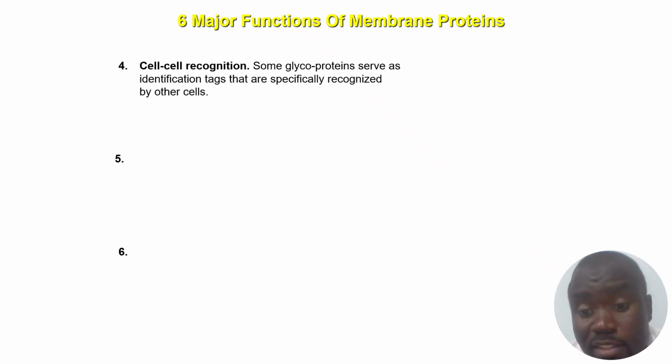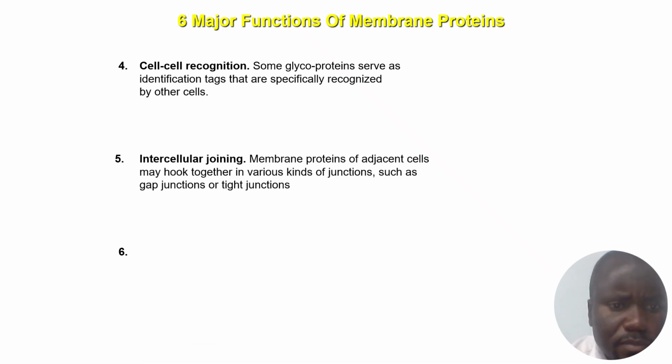For example, white blood cells in your body will identify cells of that particular body by specific glycoproteins. So that is why someone cannot receive a wrong blood type, because the immune system of that person will not be able to recognize those cells, and it will attack them and cause hemolysis.